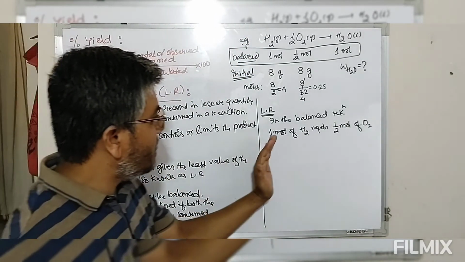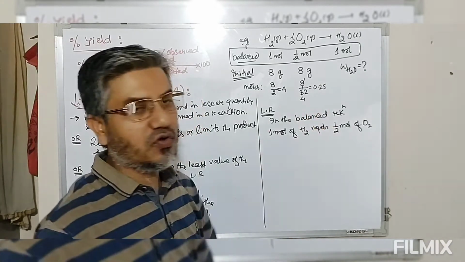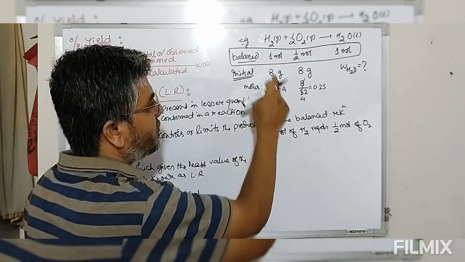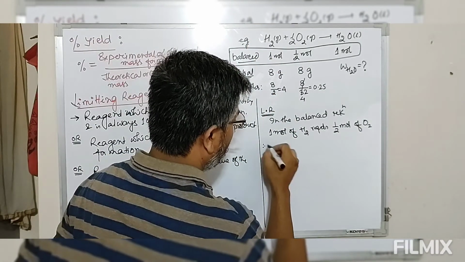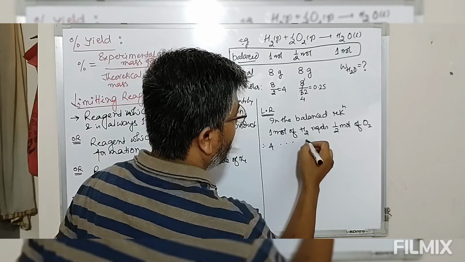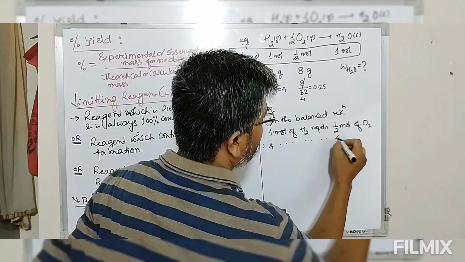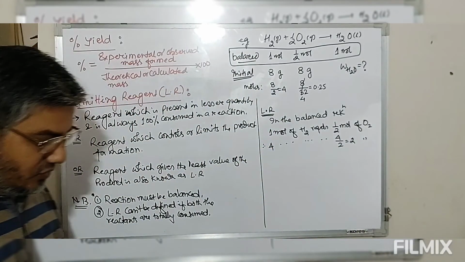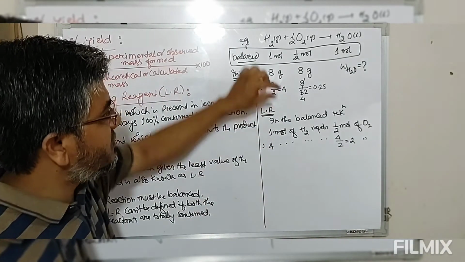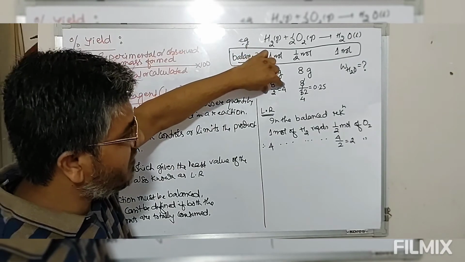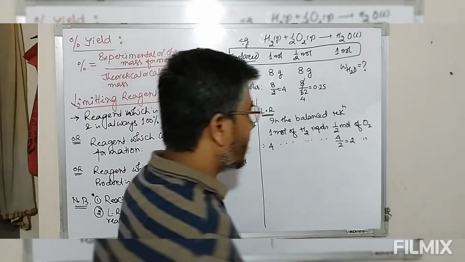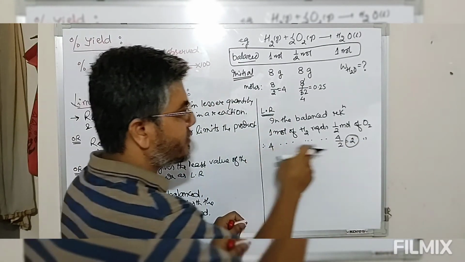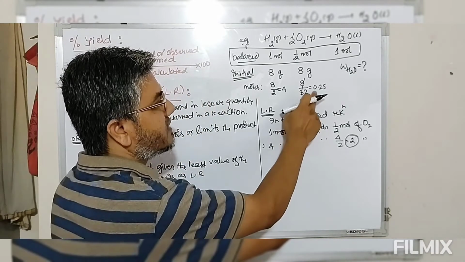Now if 1 mole of hydrogen requires half mole of oxygen, look at this. The actual number of moles of hydrogen given is 4. So 4 moles of hydrogen will require 4 by 2, that is 2 moles of oxygen. Requirement of oxygen for 4 moles of hydrogen gas is 2, but how much oxygen is given here?